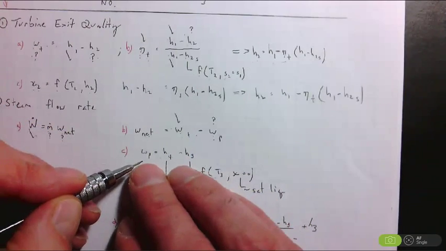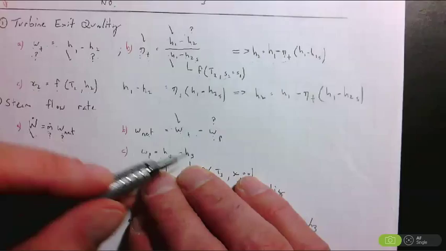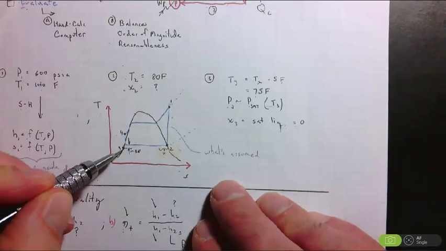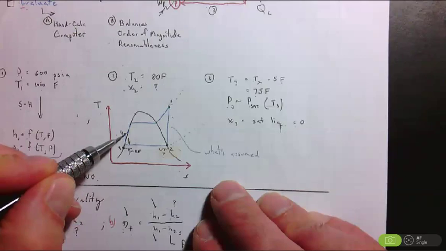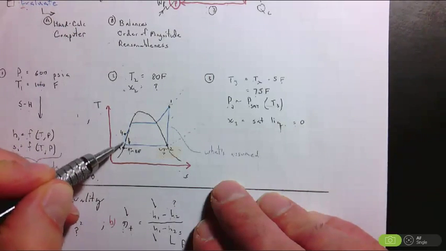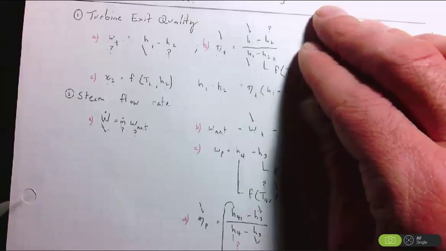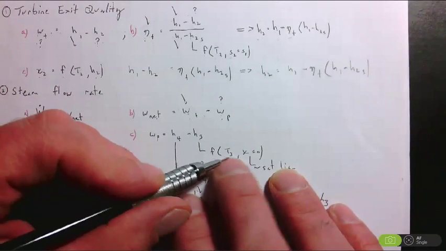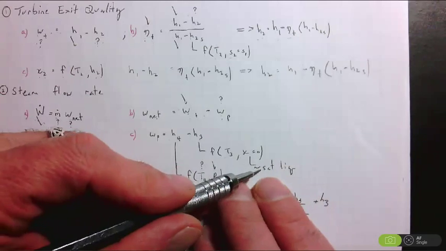So we're going to define that as H4 minus H3. If you recall, that's basically from here to there on the TS diagram, where H3 can be a function of T3 and x equals 0, since it's a saturated liquid.